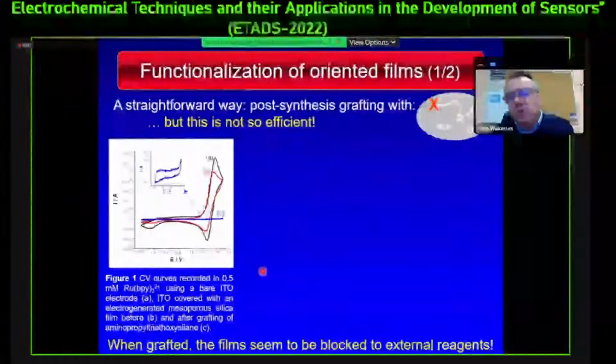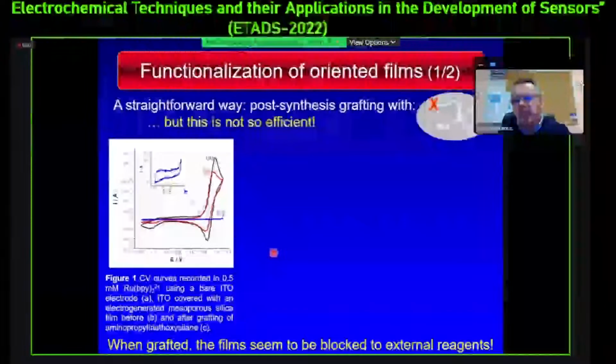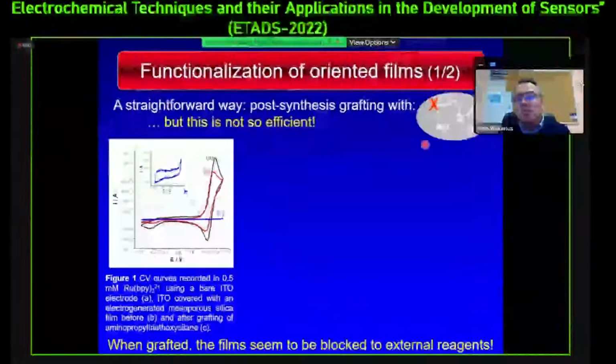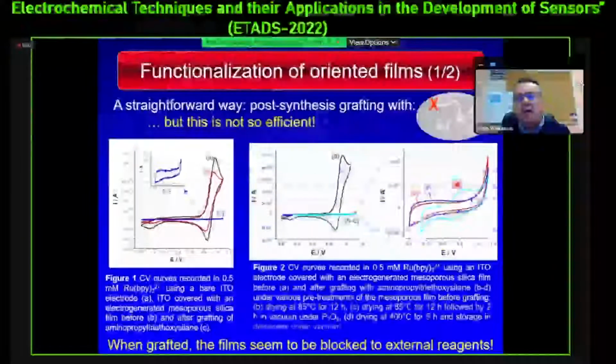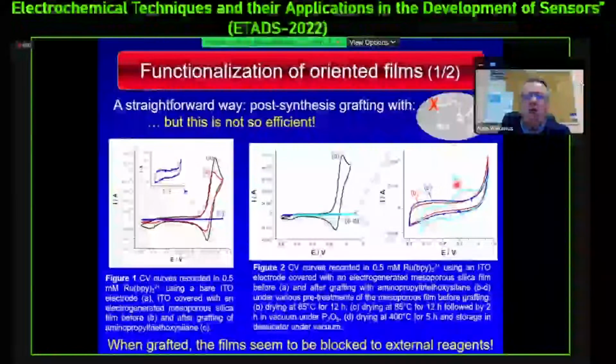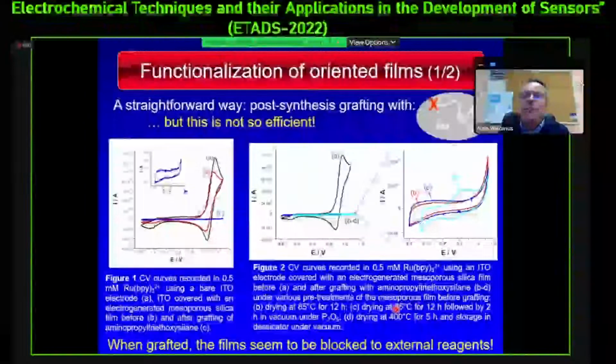This is probably due to the residual water in the system, causing some co-condensation in addition to the grafting. We can think about removal of water, using several treatments to remove water from the medium.